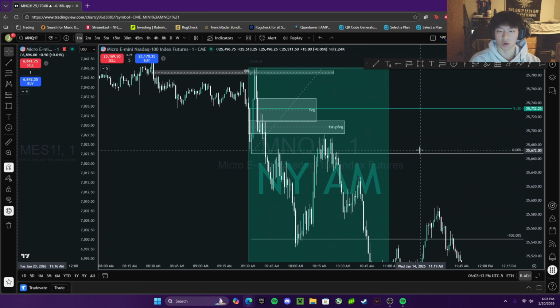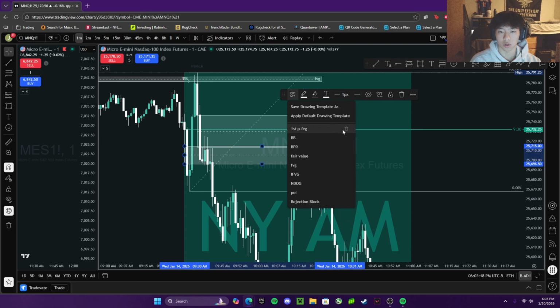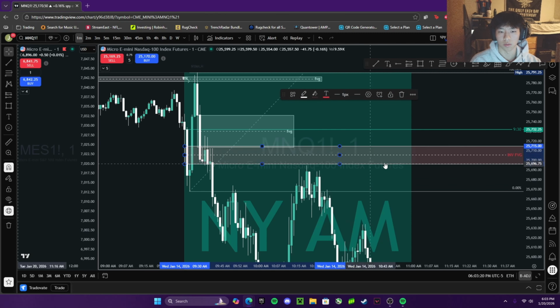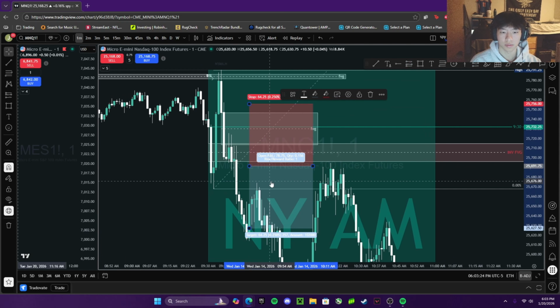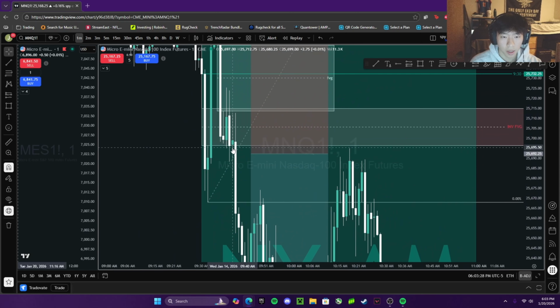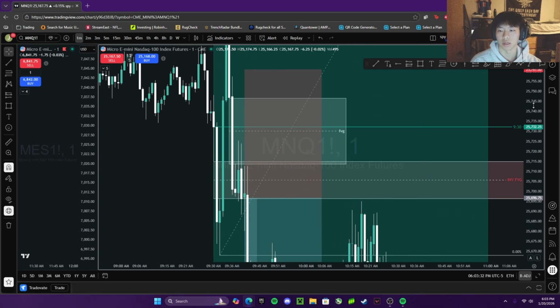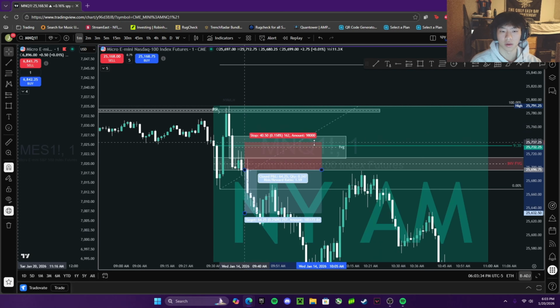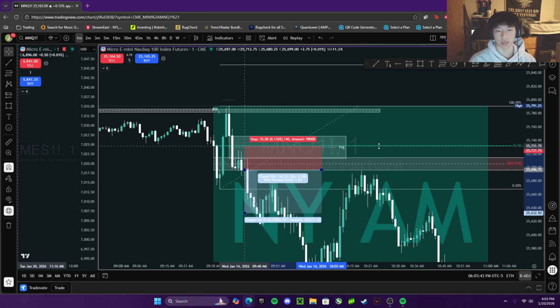If you were to enter off the first presented fair value gap, you have to wait till it gets inversed. So once it gets inversed, right here, there's a candle closure. I don't know if you guys can see it, but right there, it closes below. Could enter right here. Obviously, stop would be a lot higher, but because it already reacted off of this bearish fair value gap, you don't want price to kind of come up again.